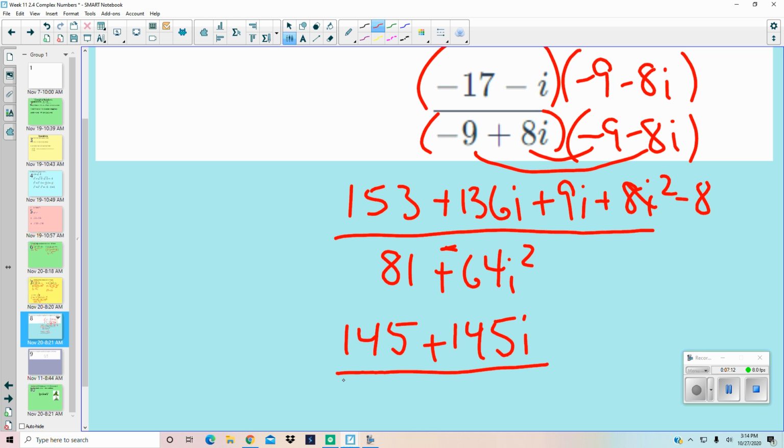And then that's going to become a positive 64. So that's 145. When you have a common element in each term, then they can cancel out. So this is going to become 1 plus i for your answer. And you do want to simplify it in Delta Math. Okay, let's do another one.